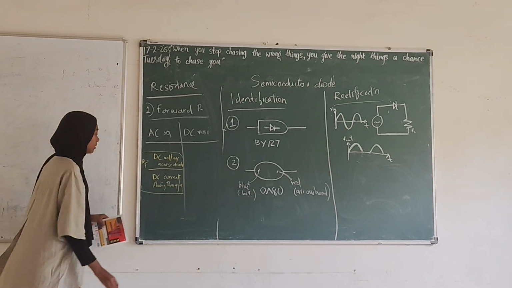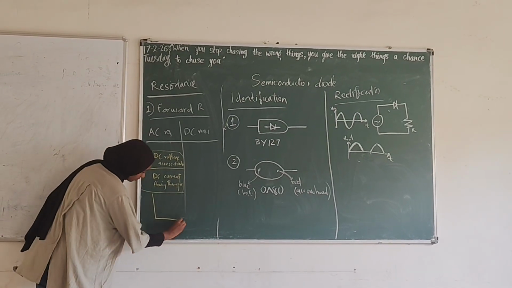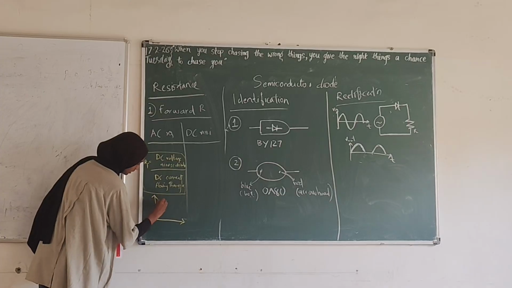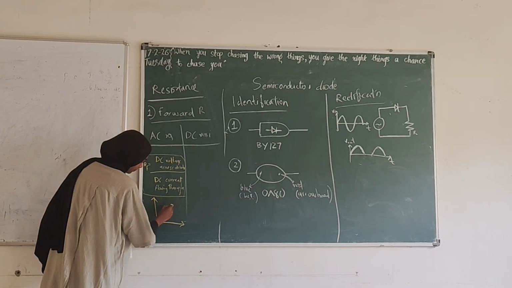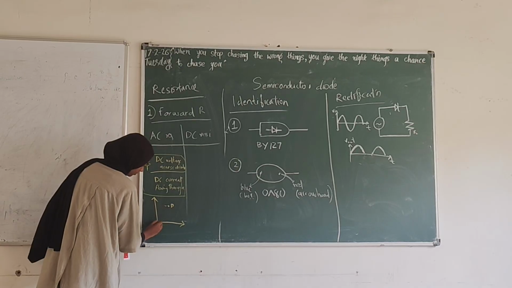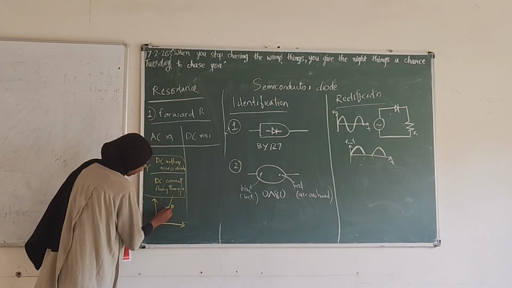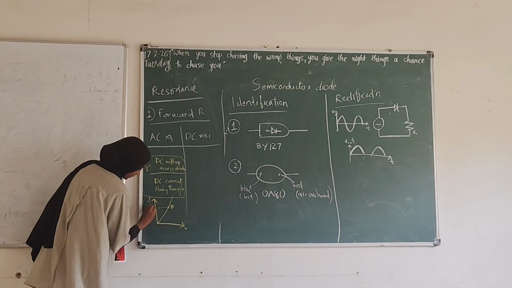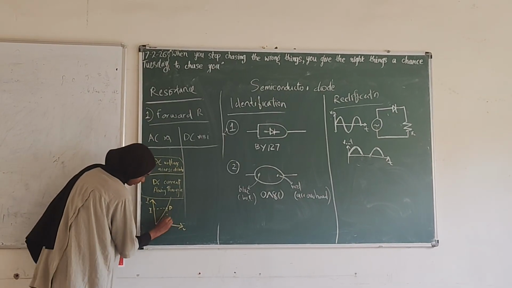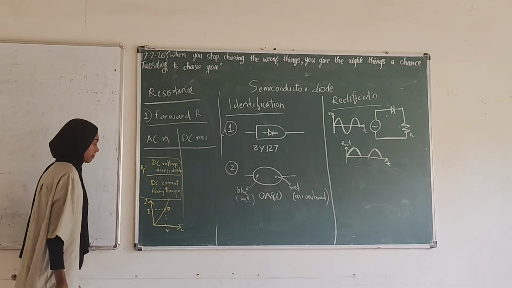If you are explaining this using a VI graph and considering this as an operating point, this is the respective current here. This is the voltage.